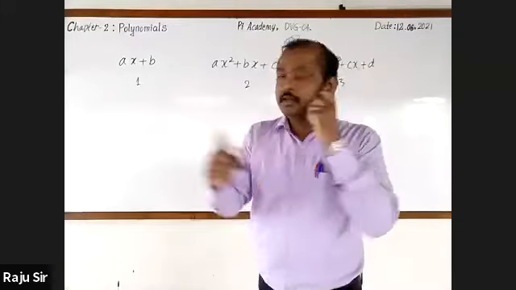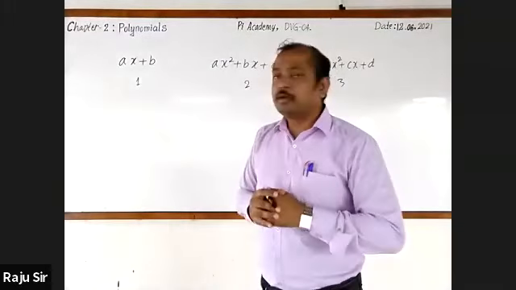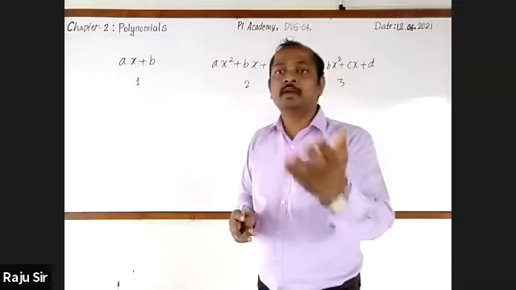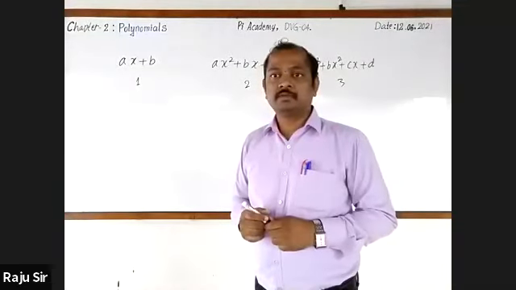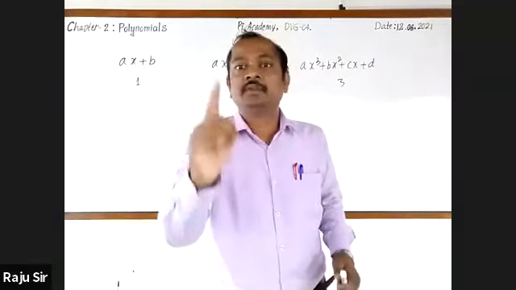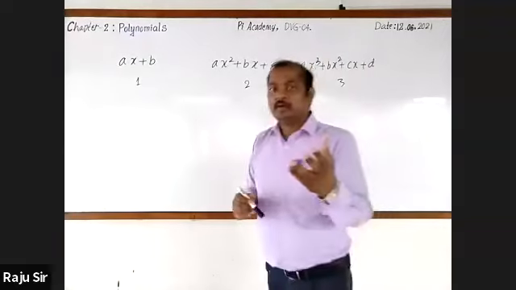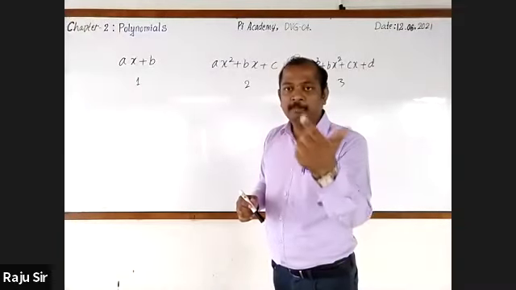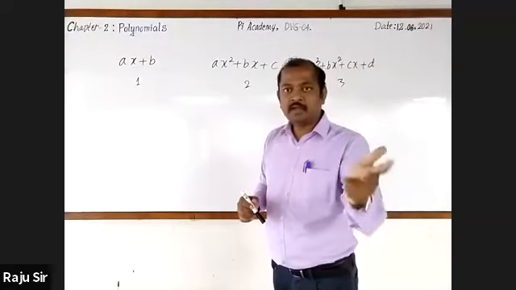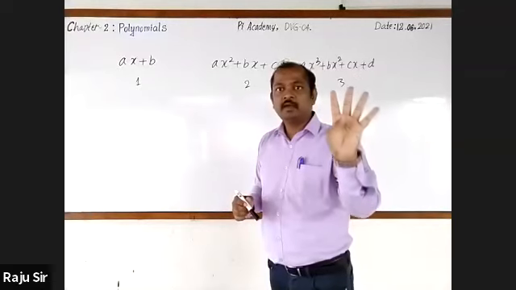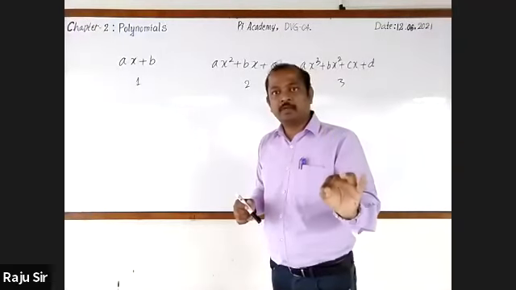And usually, we represent these zeros by using Greek symbols. Hope that you are very familiar with them. You have heard about alpha, beta, gamma, delta, theta, zeta, iota, epsilon.